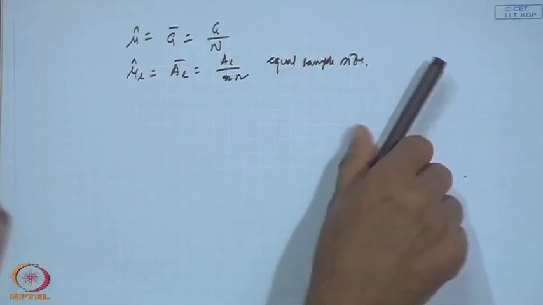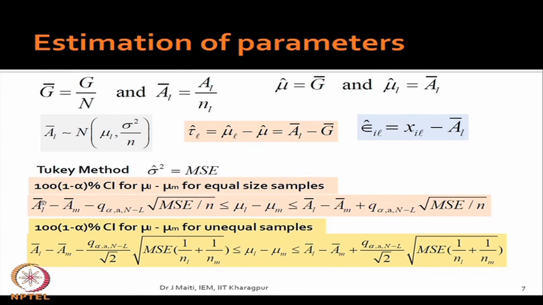And we are showing here one method which is known as Tukey method. This Tukey method is used to see the difference in mean values, the confidence interval as well as the hypothesis testing, that means whether the difference is statistically significant or not, and what is the confidence interval for these differences.